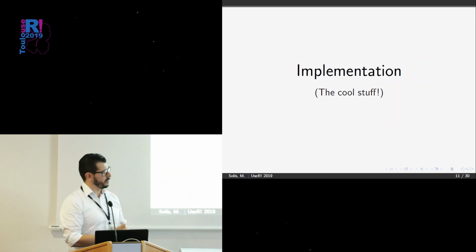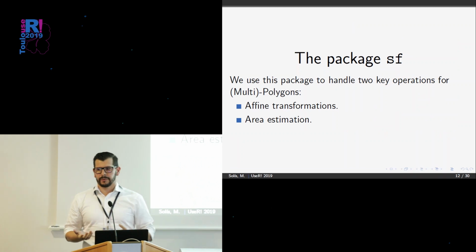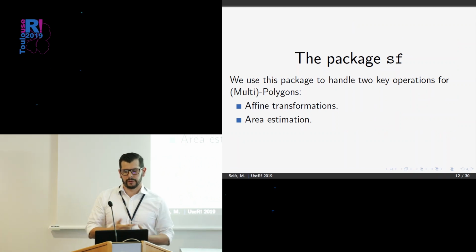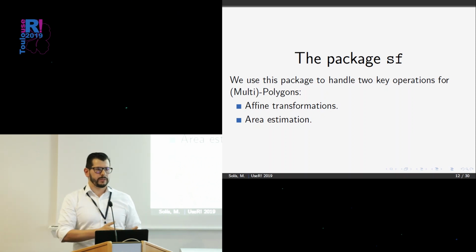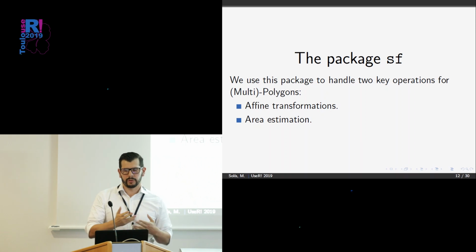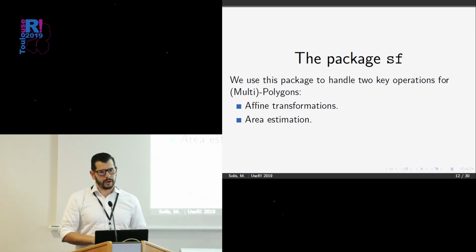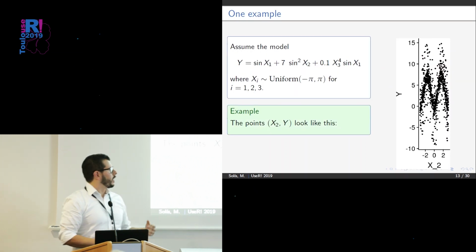So how do we implement this in the package? The package sf has, in fact, two key operations to do that: affine transformations, which is very easy to do with sf, and area estimation.